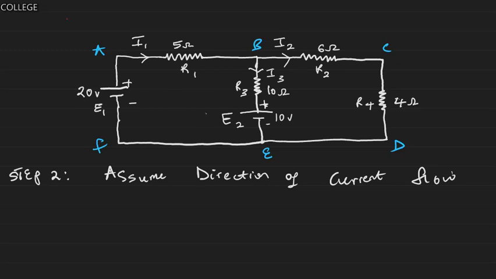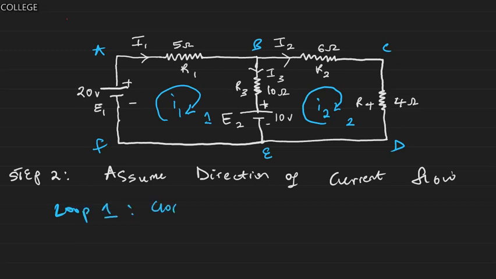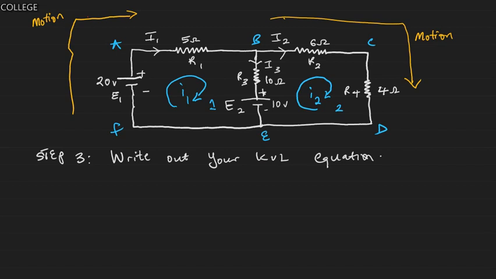For loop 1, let's assume the direction of current I1 to be clockwise, and for loop 2, we also assume a clockwise direction of mesh current. The next step is to write out our KVL equation for loop 1 and loop 2 respectively.